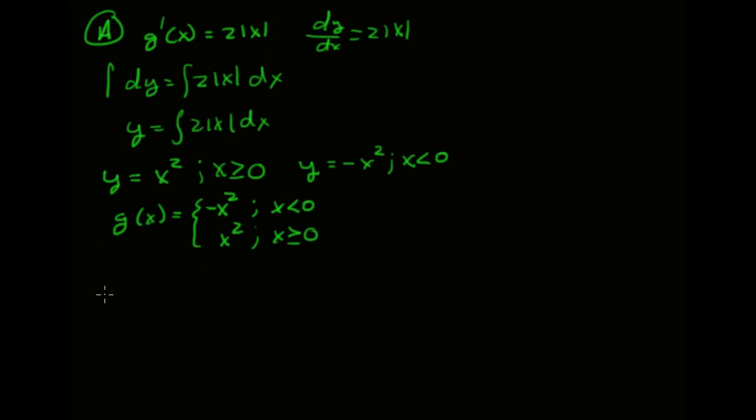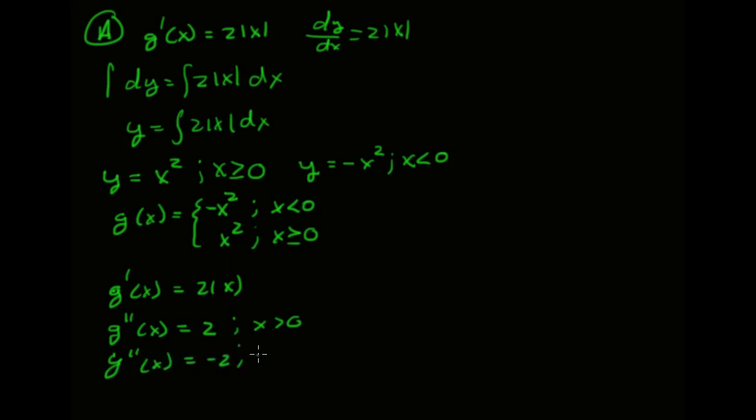All right, so we also want the double prime. Now, g prime of x is non-differentiable at 0, so we're not going to get a second derivative at 0. If I take the second derivative, I'm going to get 2 when x is positive, and the second derivative will be -2 when x is negative.